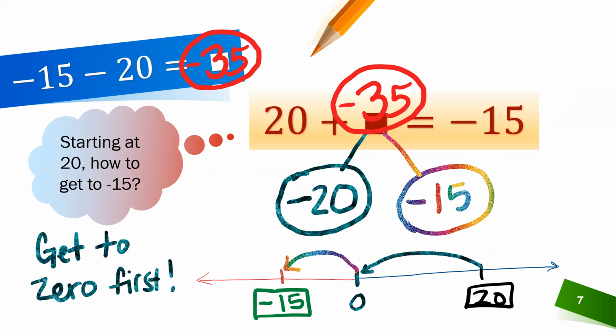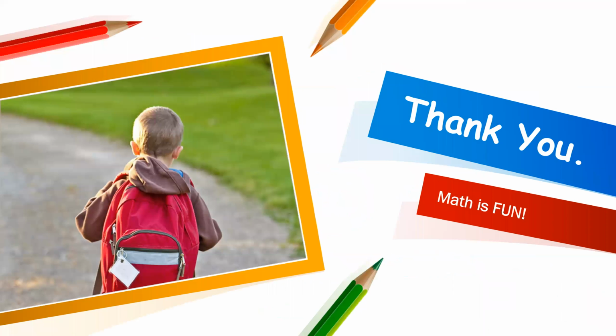So that is 20 plus negative 35 is negative 15, right? So again, apply the definition of subtraction, get it to an addition problem, and think addition. And that is it for today.